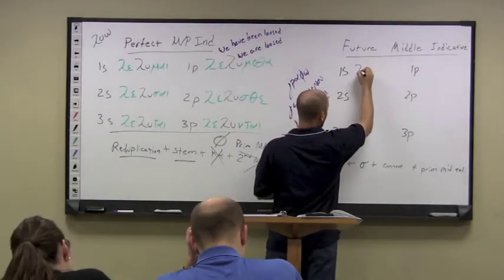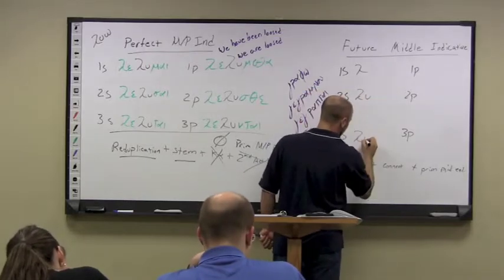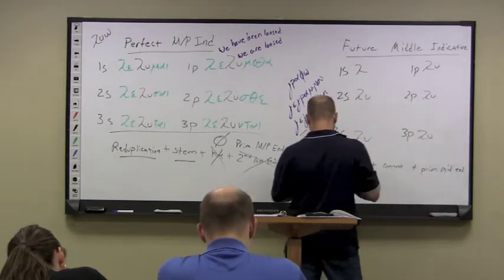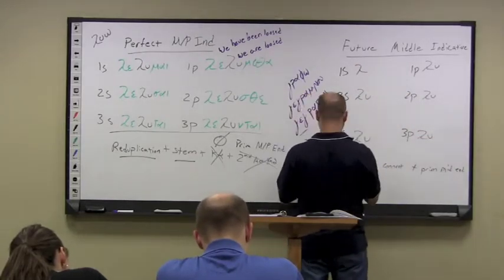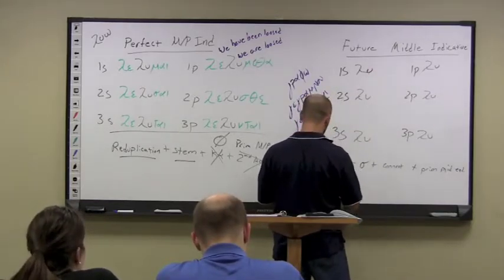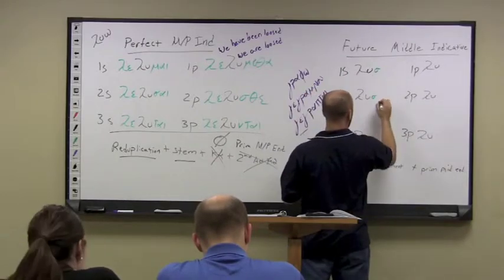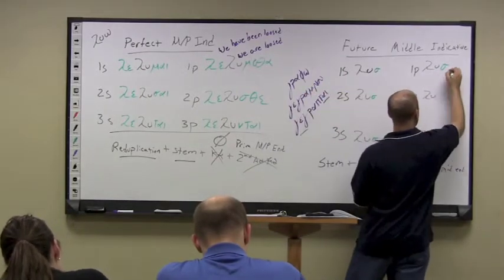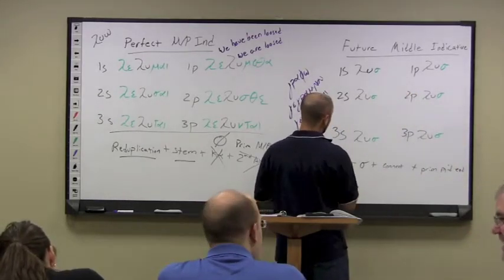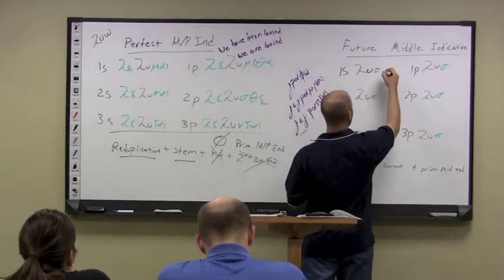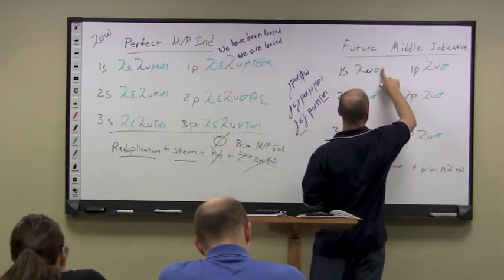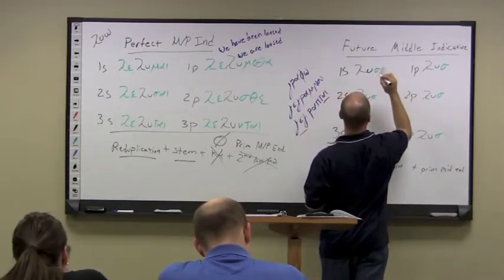All right, so we can just go right on through and say lu, lu, lu. Sorry. Then we can add our sigma. And I thought those were the endings. Oh, I can remember, our connecting vowel, lu. Yeah, it was.